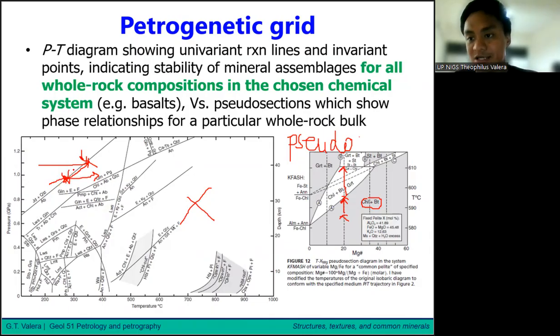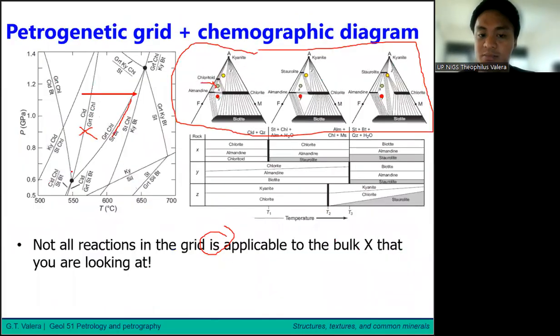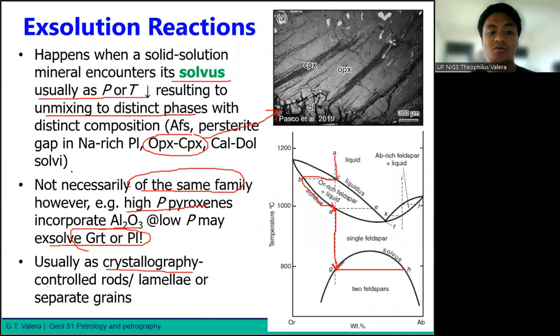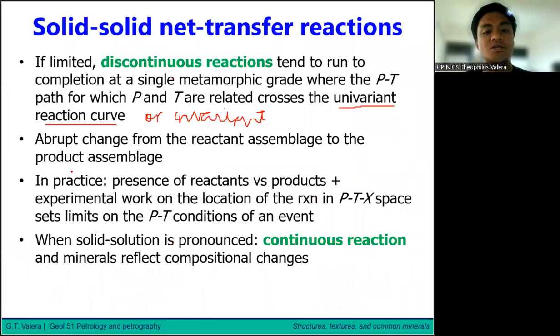So that's a continuous reaction. So what's the main difference between discontinuous and continuous reactions? Discontinuous reactions tend to run to completion at a single metamorphic grade until one of the phases is lost. So it involves an abrupt change from the reactant assemblage to the product assemblage.